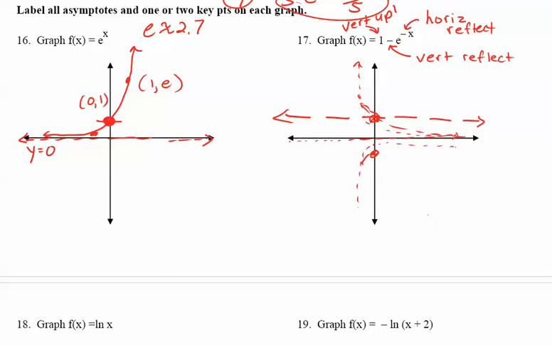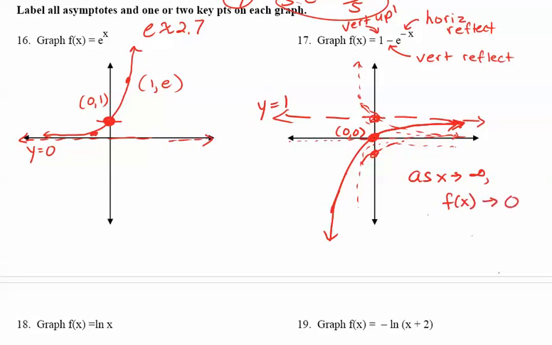Then it flipped down to 0, -1. And then our key point slides up 1 unit. So our key point for our final graph would be at the origin, and our asymptote would be at y equals 1. So the graph keeps going this way, but it gets very close. The right-hand behavior, as x approaches infinity, the right hand of the graph approaches the asymptote.